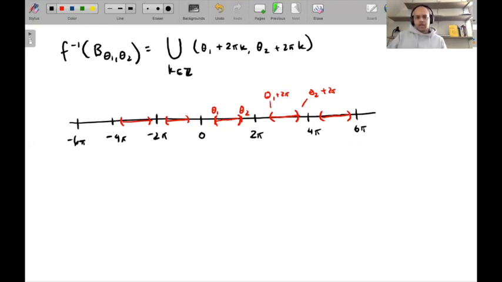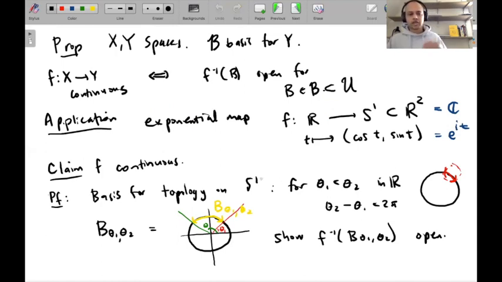And these are open sets in R. So this is a union of open intervals, hence open. So this is how you can prove this exponential map is continuous just in the language of topology.